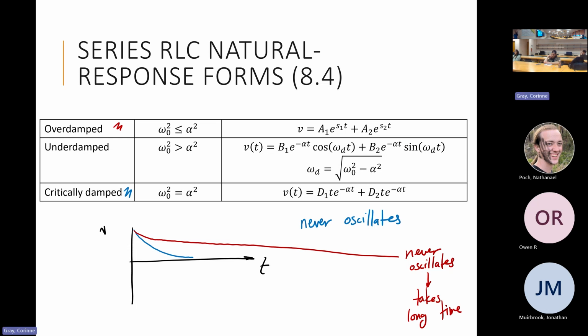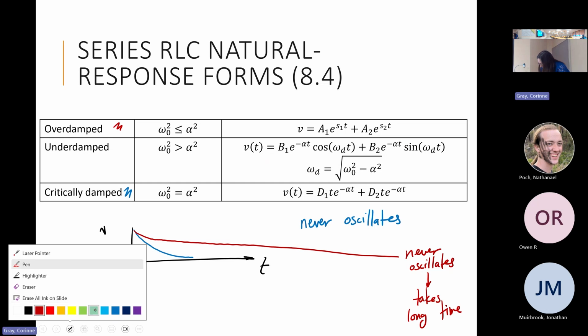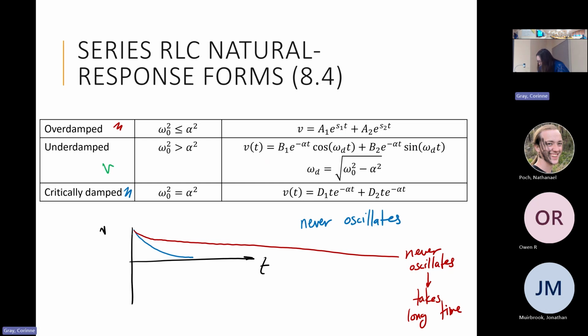And then we have the underdamped, where underdamped is kind of doing its own thing. It's going to oscillate back and forth, eventually reaching zero. The cosine and sine terms are going to give us our oscillation.